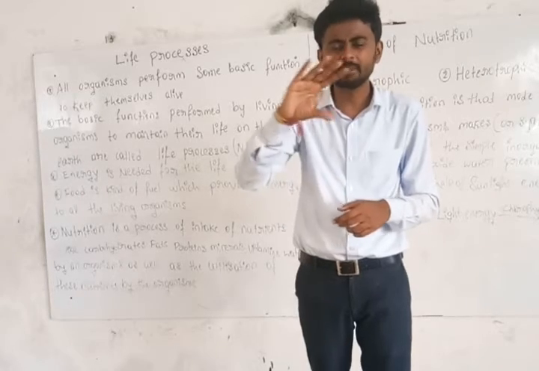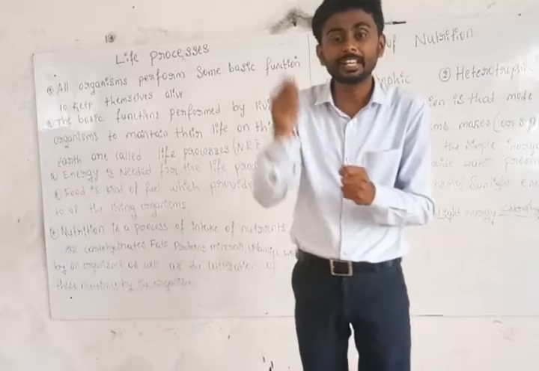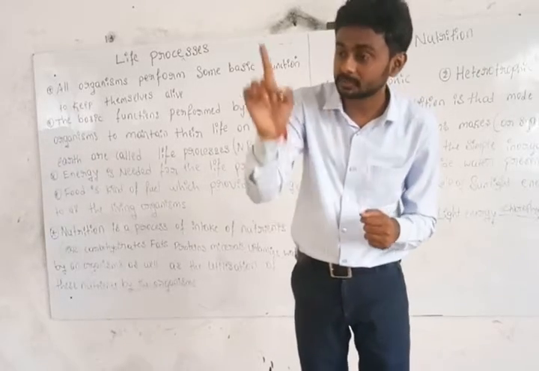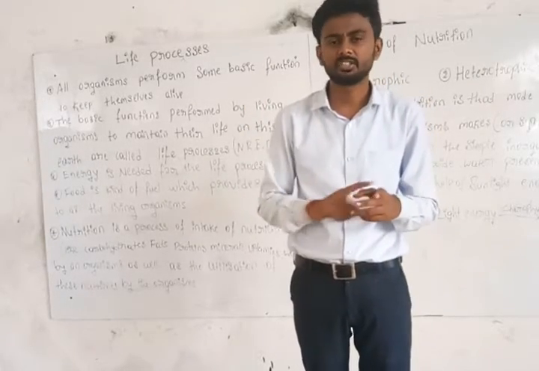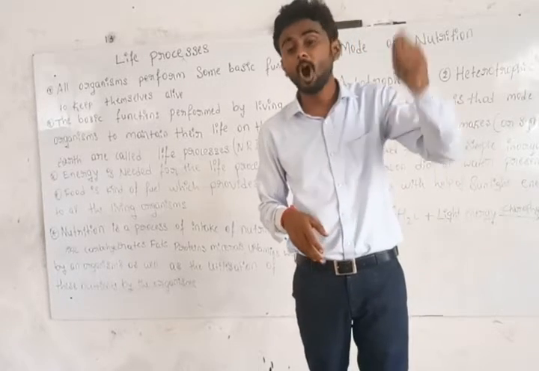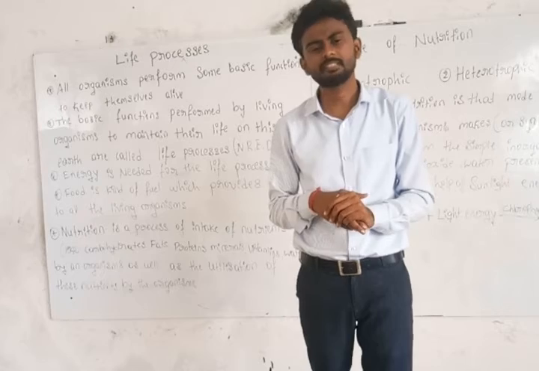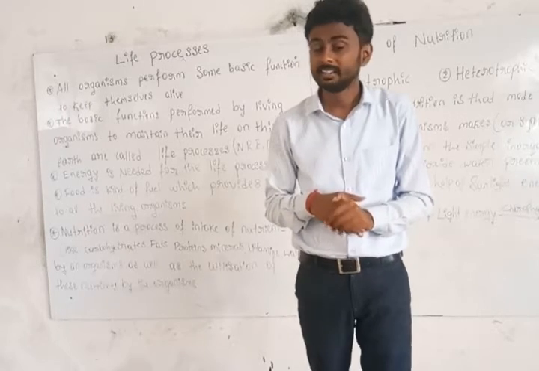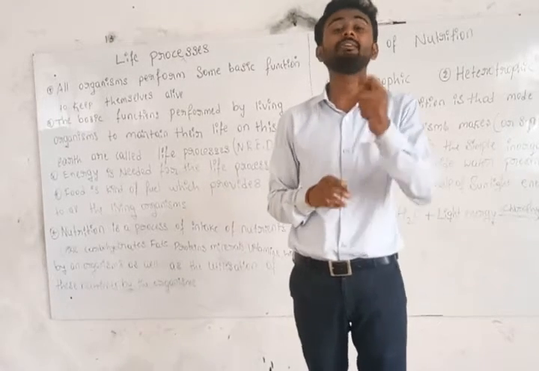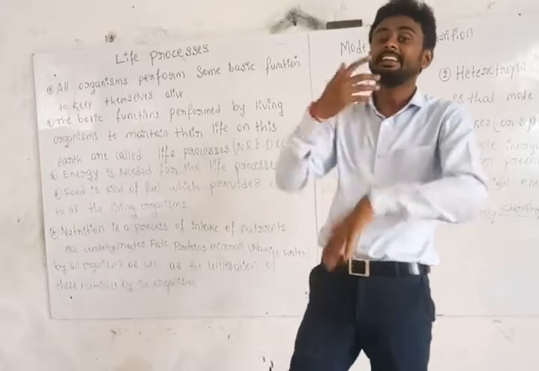So several characters are there, living things' characters. On the basis of their characters, we conclude this one is a living thing. Tiger, cheetah, you can take any kind of animals. All animals are living things. Dear students, living things can move from one place to another place. Living things can eat the food.